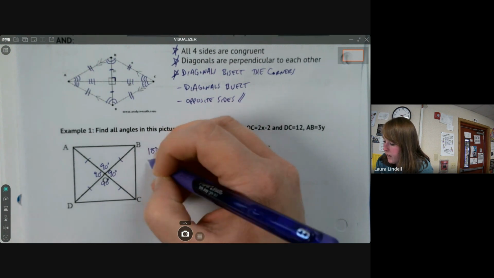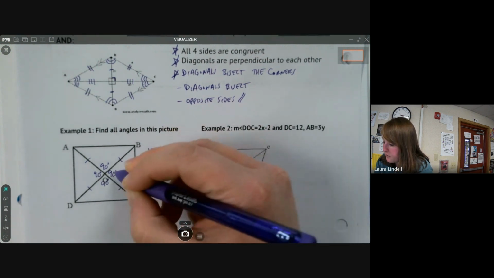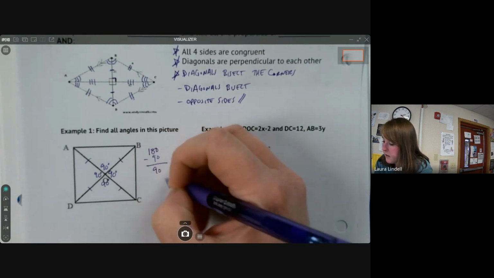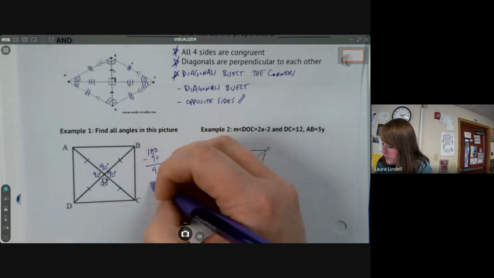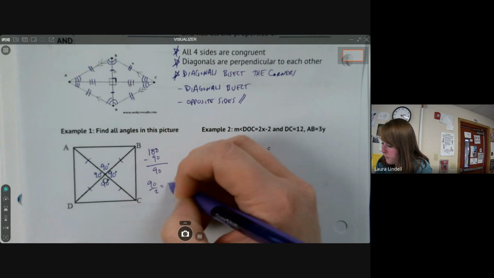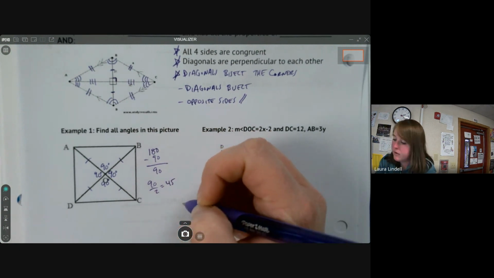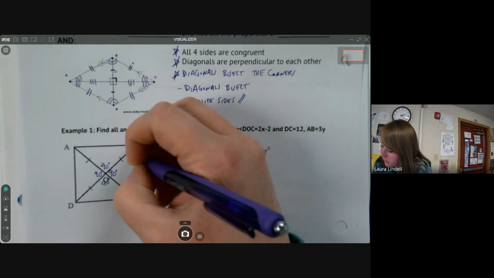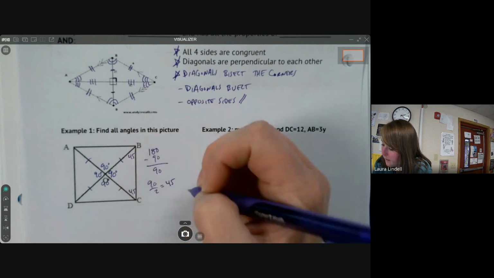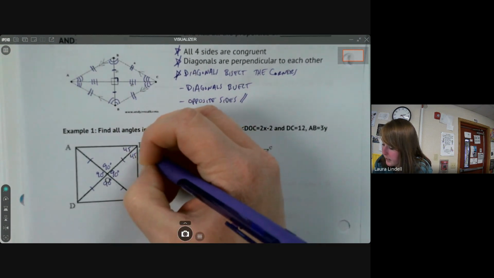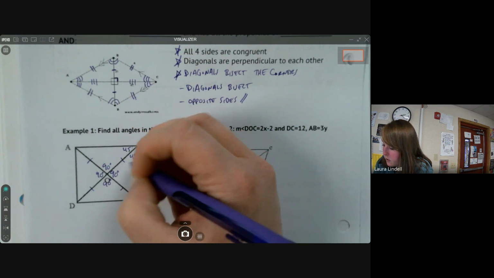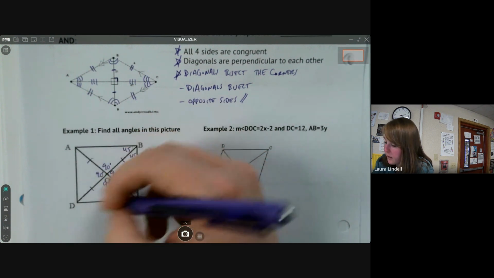So if I go 180 minus 90, which was this angle, I get 90, which has to be split equally amongst these two angles. 90 divided by 2 is 45, which means that these are 45. And actually then these are 45 because this whole angle is 90. And these are all just the same isosceles triangle.